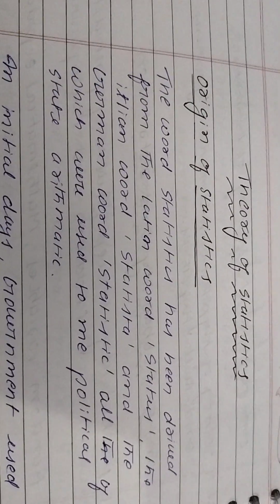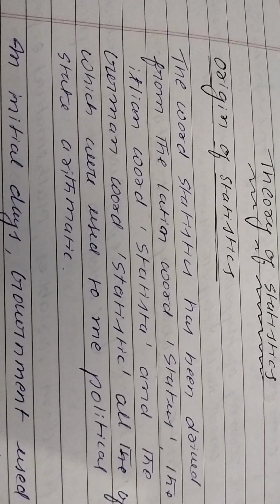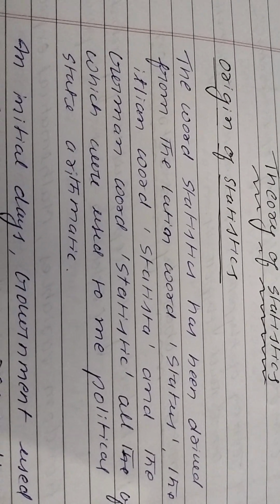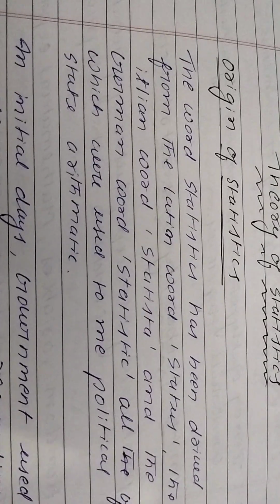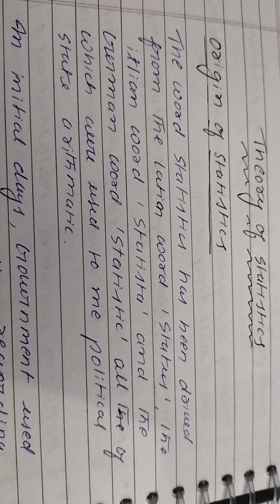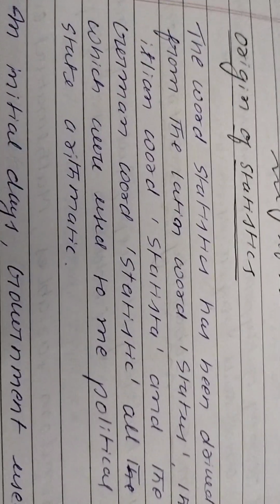So first we will study the word statistic. Statistic is derived from the Latin word status, from the Italian word statista, and from the German word statistik, all of which were used to mean political state arithmetic.